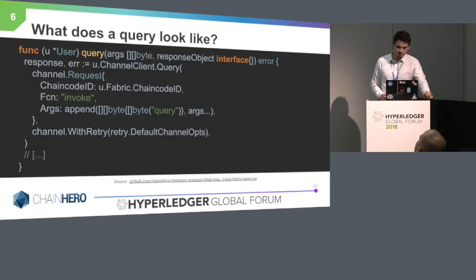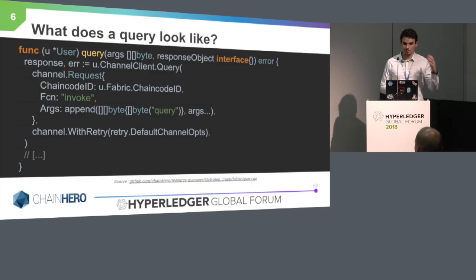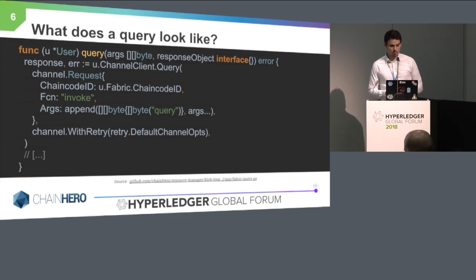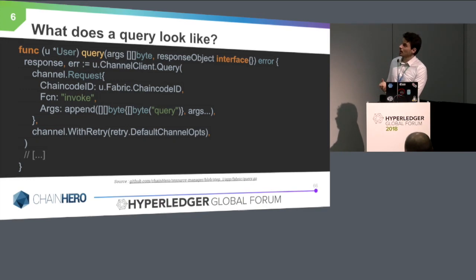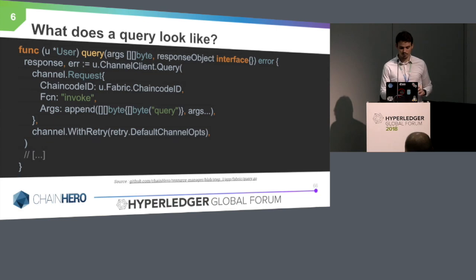So how does a query look from the application side? We use the SDK using the channel client to make a query. In the query, we provide the chain code ID. In our case, the chain code ID is ChainHero, sorry.